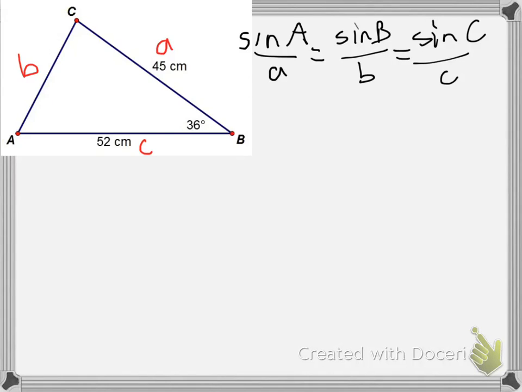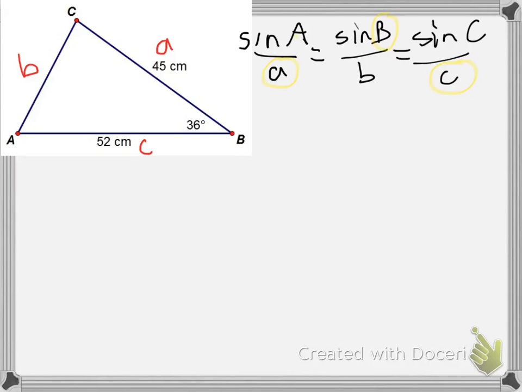So let's write what we know. We know this is here, but we don't know this. We know B, and we know C. So no matter what proportion we set up, we're going to run into some problems because we're always going to have two unknowns.